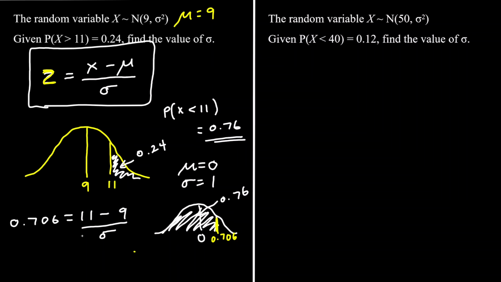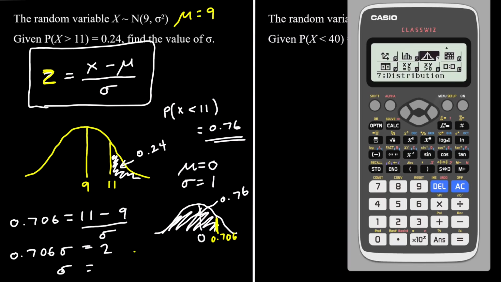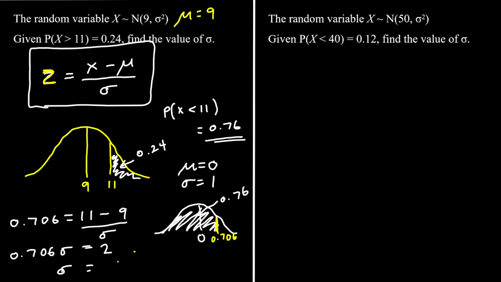So if we times by standard deviation, 0.706 times standard deviation is equal to 11 take away 9, which is 2. So standard deviation is 2 divided by our last answer. So go 2 divided by answer, and we get 2.83. So standard deviation is 2.83.